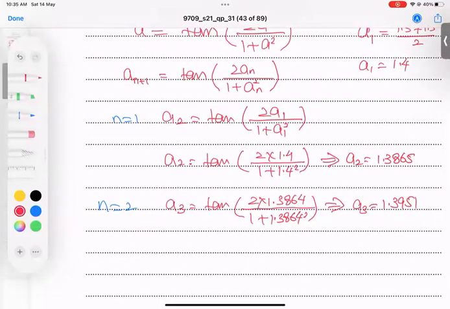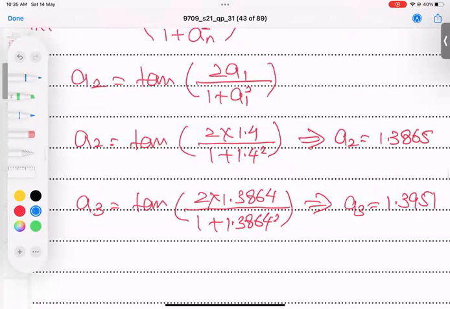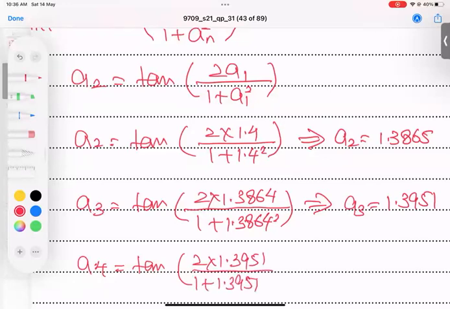So we need 2dp. I think we have to go one more step, a3, so a4, because 3 plus 1 becomes 4. So 1.3951 over 1 plus 1.3951 to the power 2.